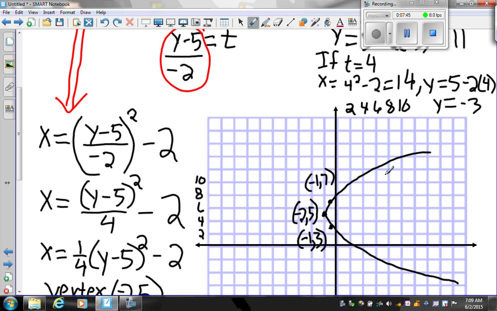So my graph is off a little bit. Our point should be right there. Just fix that. This is the point 7, 11. And also the point 14, negative 3. So 2, 4, 6, 8, 10, 12, 14, 2, negative 3.